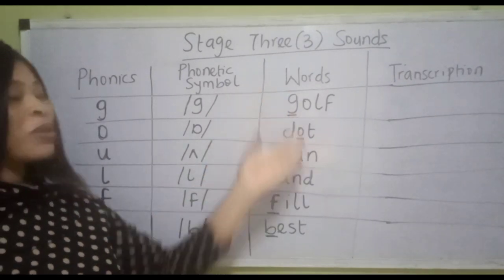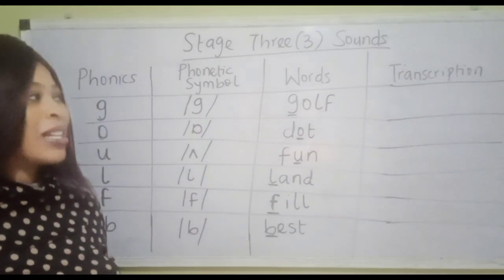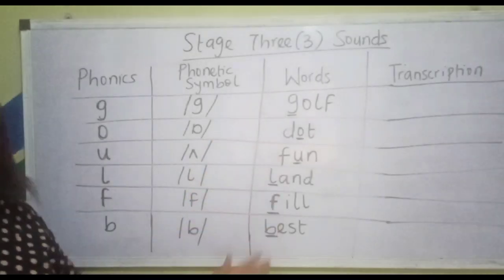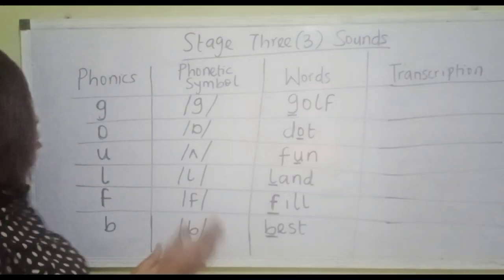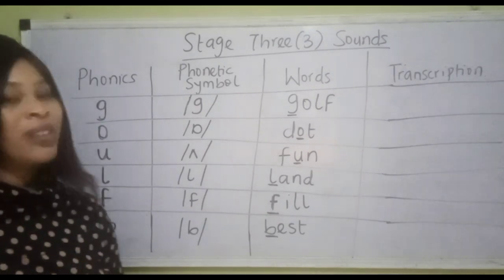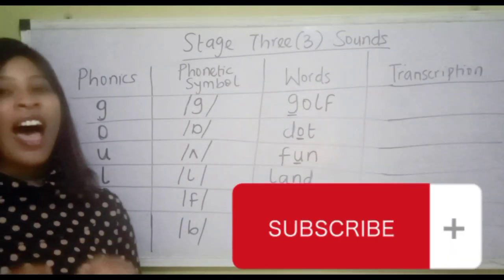So now we have some examples on the board, and let's look at how we're going to transcribe these words. Now, most of these words are from the sounds here and the previous videos. So I want you to pronounce after me.